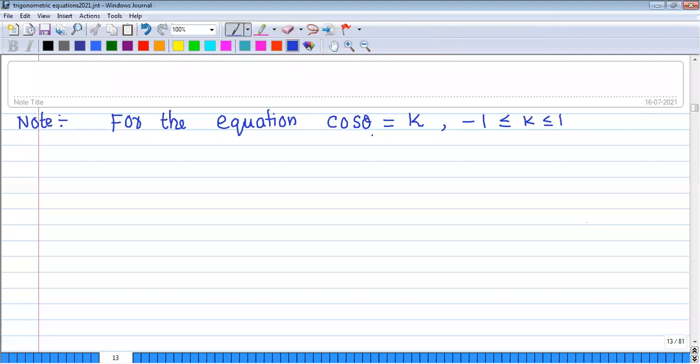That means cos theta value will be defined only when k lies between -1 and 1 itself only.